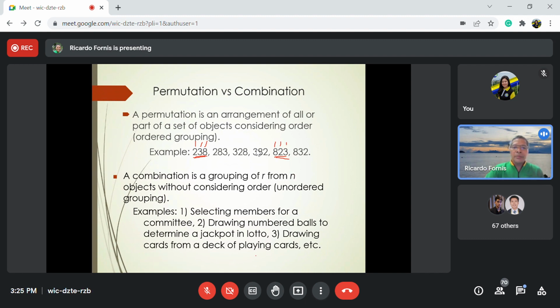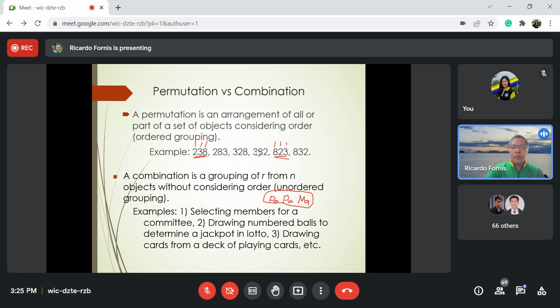Now, here are some examples of combination. If you select members for a committee, assuming you have a person named Pedro and Pablo, and then another person is Maria, and then somebody would ask, who are the members of the committee?